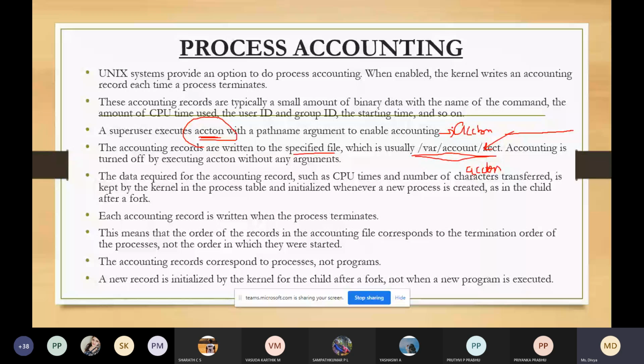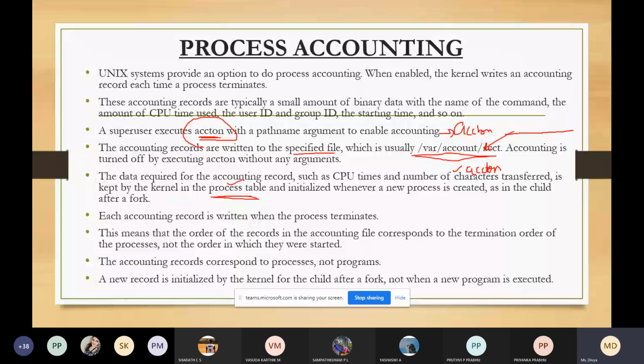Data required for accounting records, such as CPU time and number of characters transferred, is kept in the kernel process table. We said that we are getting information about the process like CPU time, user IDs, group IDs. Now the question is where this information will be stored. The answer is that the kernel stores that information in the process table.